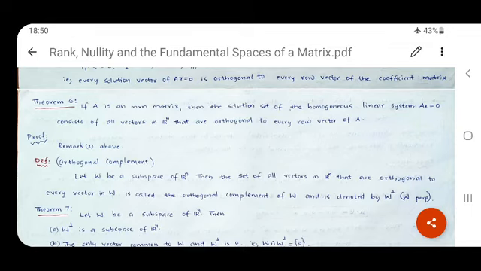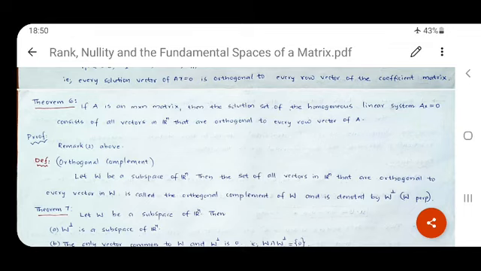Then the set of all vectors in Rn that are orthogonal to every vector in W is called the orthogonal complement of W. So any vector which is orthogonal to every vector of W is in the orthogonal complement of W. So that means a vector x belongs to the orthogonal complement if x is orthogonal to every vector of W. Okay, and we denote this orthogonal complement by W perp.